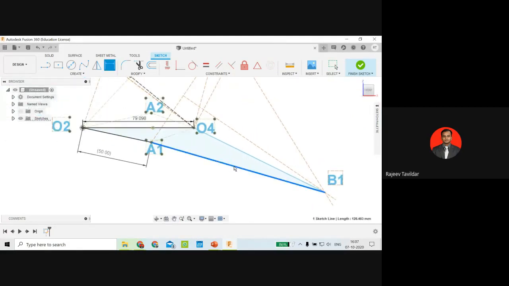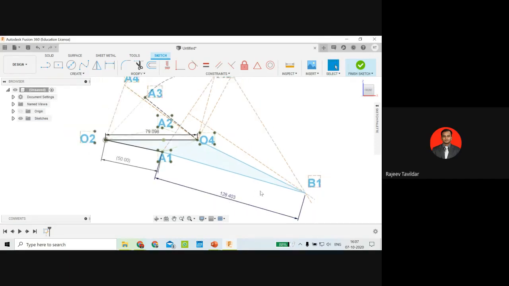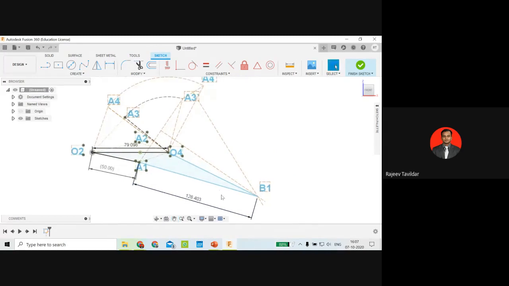How much are you getting? So 120. Okay. I'm getting 128. So 120 is still acceptable, not an issue.